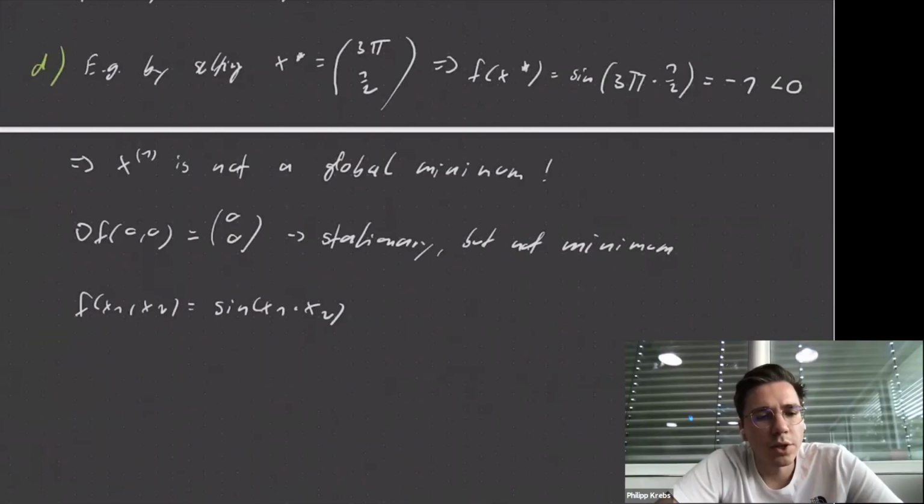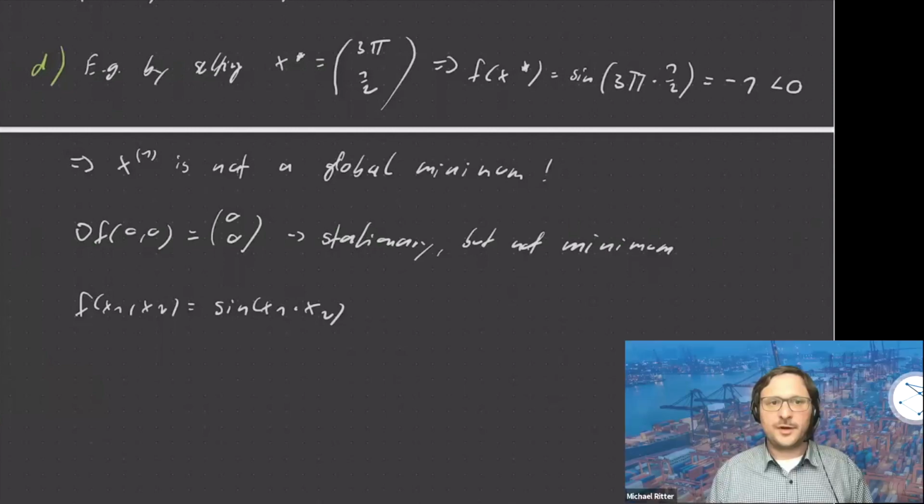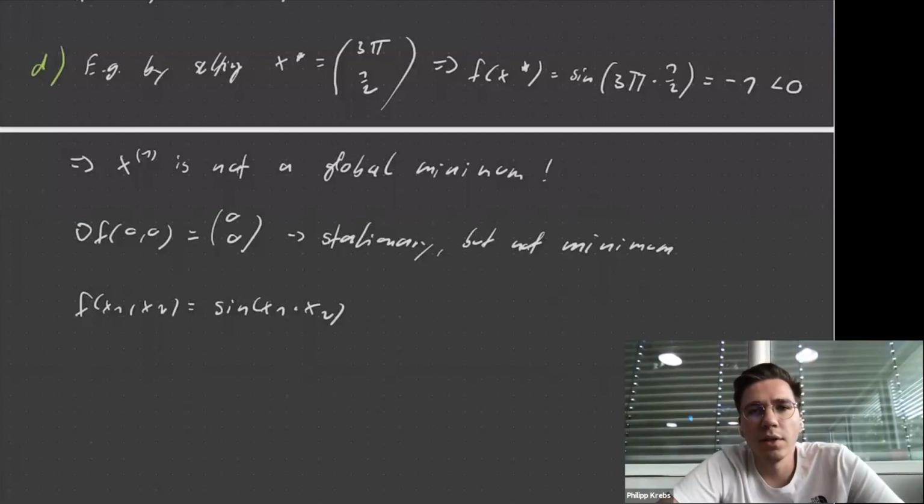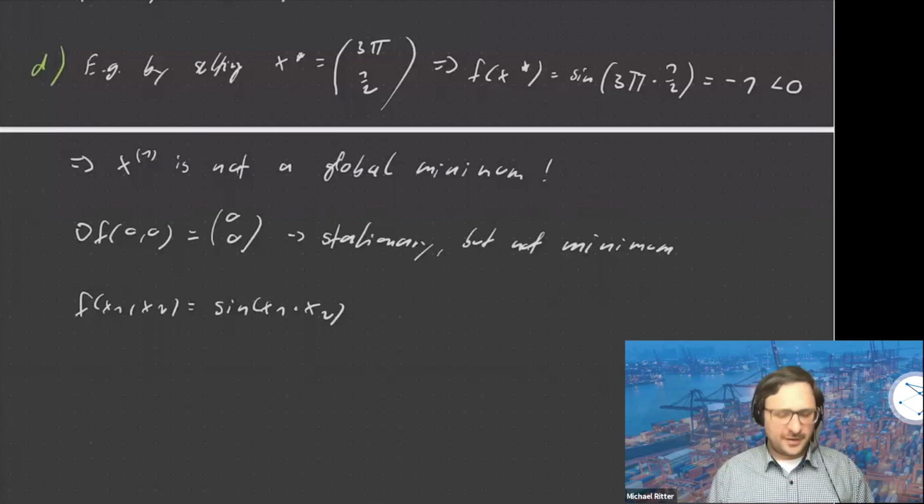Okay. Another question is if there is any other approach in D to find out that x1 is not a minimum. If there's any other approach. So one other thing I could think of is, the gradient doesn't help you here.